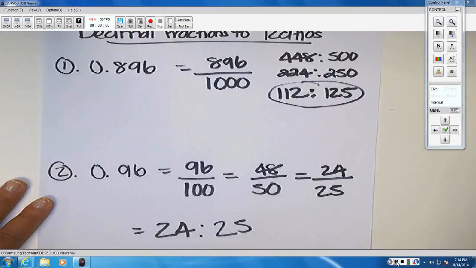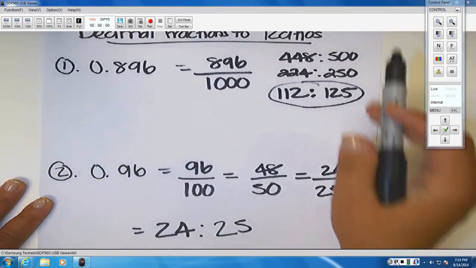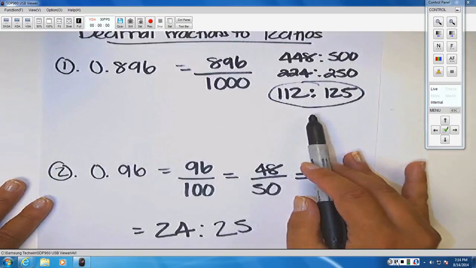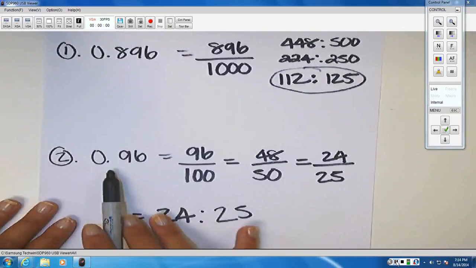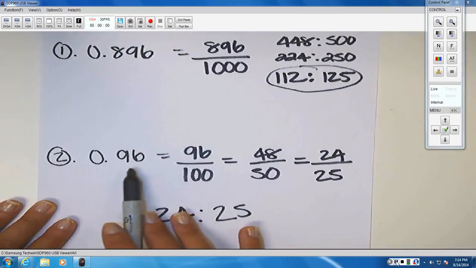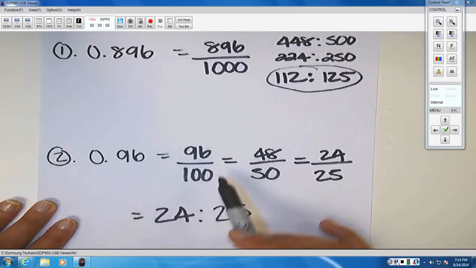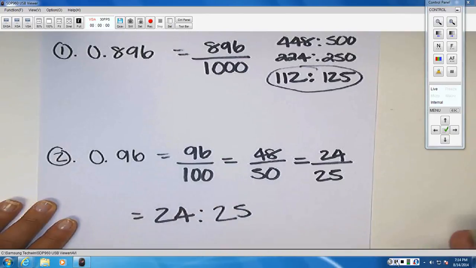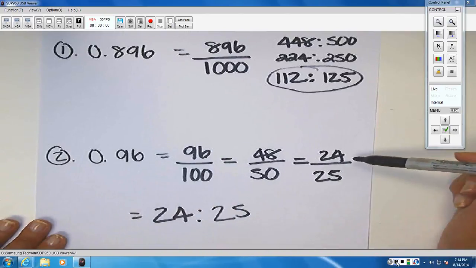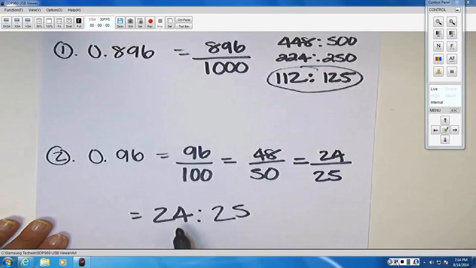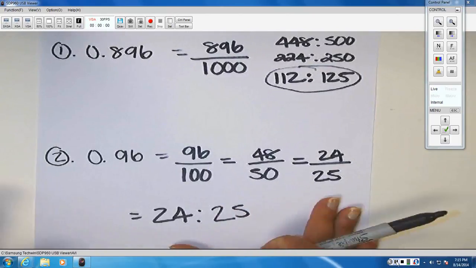Maybe you can look at that and know the exact number that divides into both of them. I didn't know. So we reduced it as far as we could. Same thing with this one. We had 0.96 or 96 100ths. So we took 96 and put it over 100 and then reduced it. The numerator will always become your first number in the ratio, and the denominator will always be your second number in the ratio. Okay.